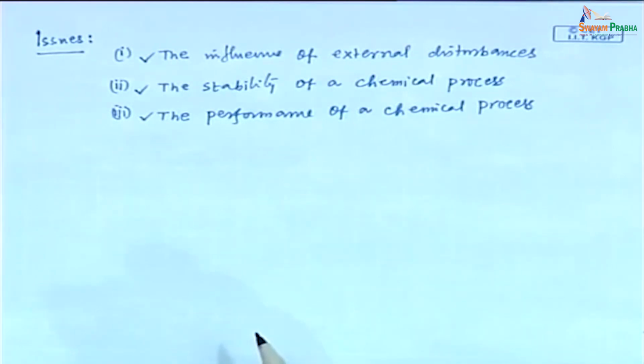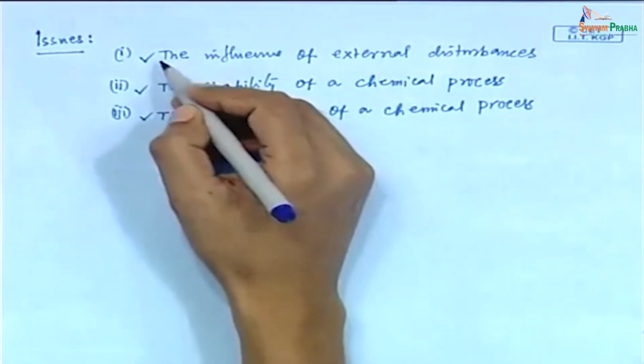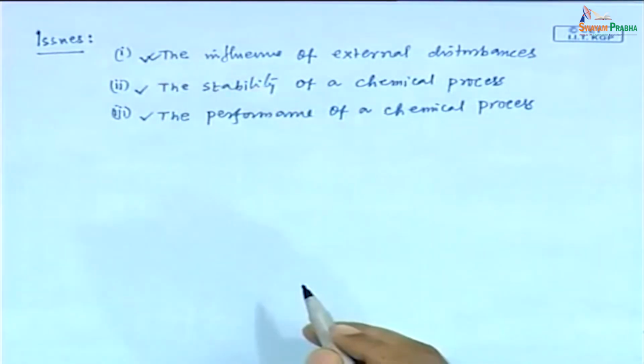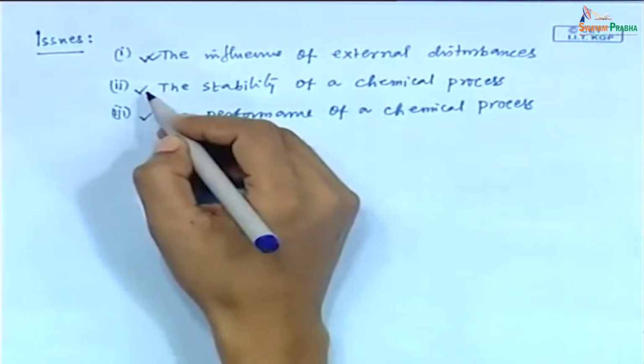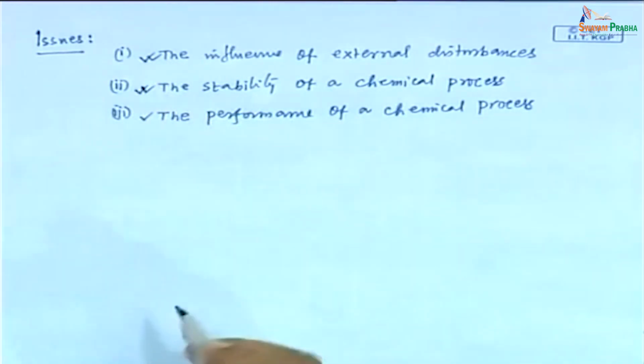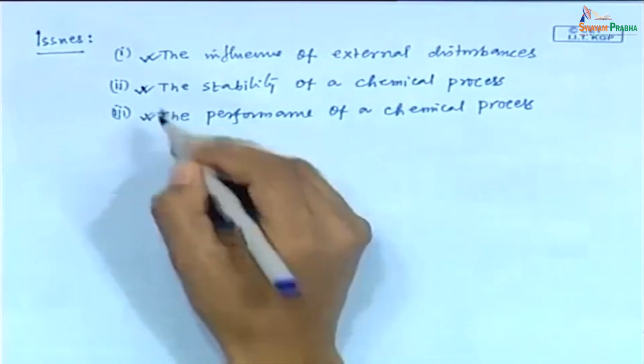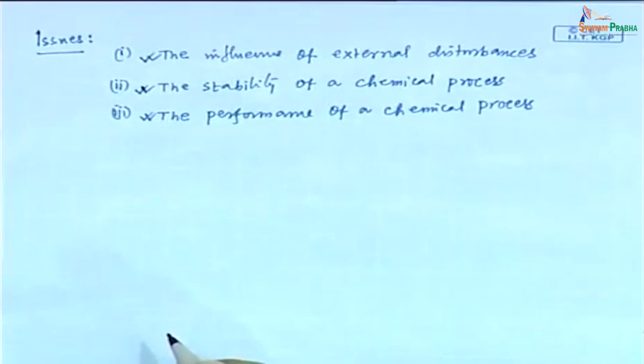So we need to devise a control system which suppresses the influence of external disturbances, ensures the stability of a chemical process, and can optimize the performance of a chemical process. We will discuss all these three issues in brief with the help of control system.